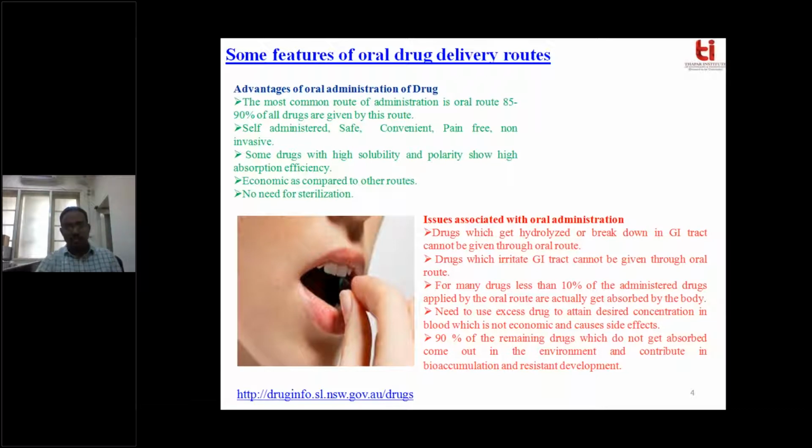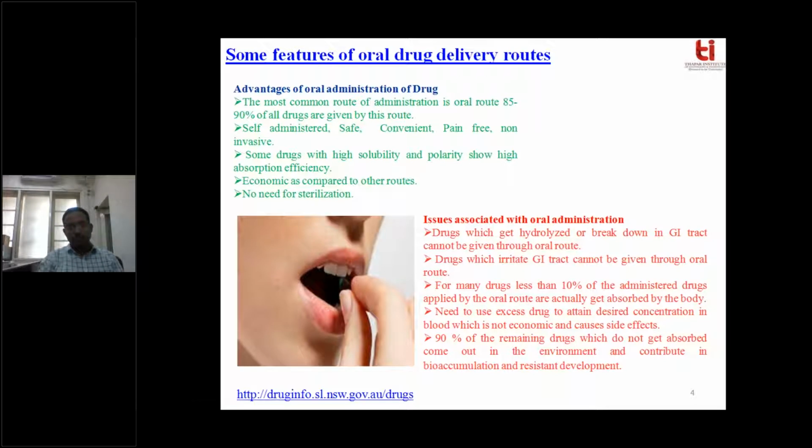Almost no absorption happens through the large intestine. So the window that drugs get is around half an hour. It varies from drug to drug based on your solubility, binding interactions and other things, somewhere between 15 minutes to maximum 1 hour. That's the window to get absorbed from the GI tract into the blood.